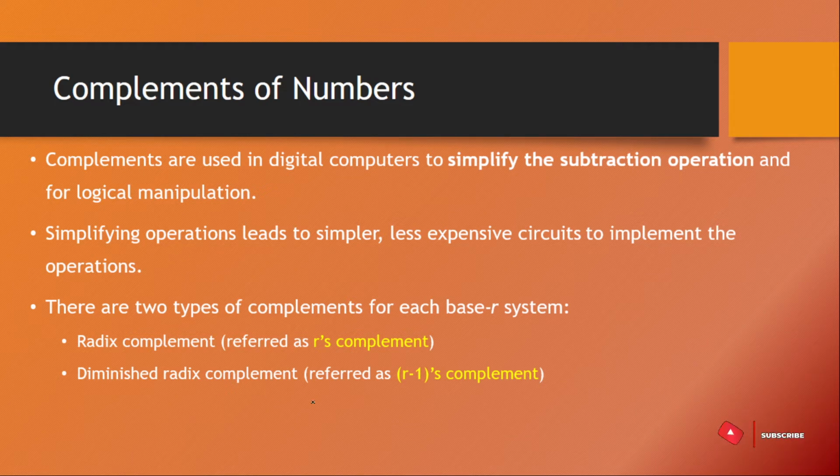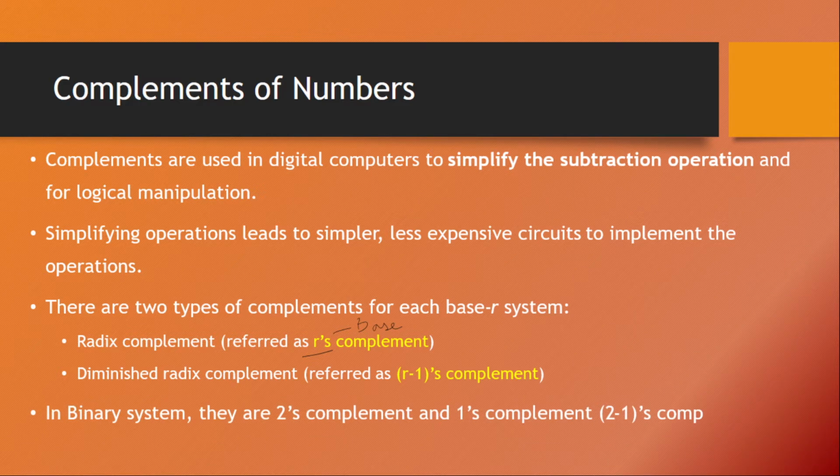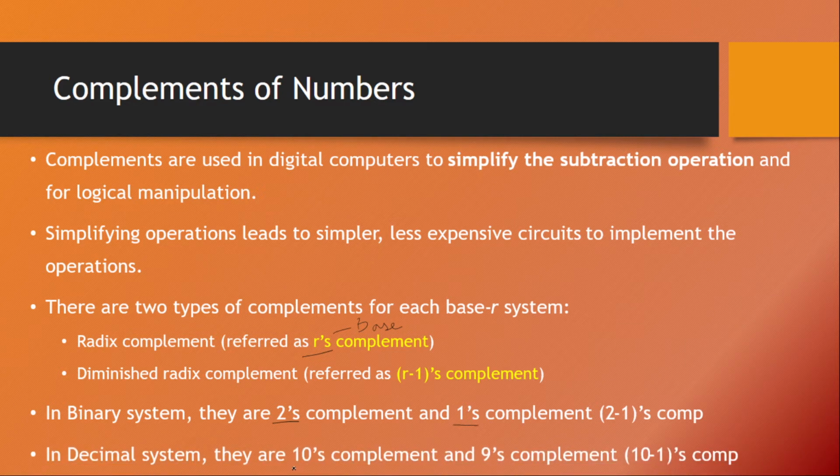Here, the variable R refers to radix, and it is also called the base of any number system. Internally, base and radix are almost the same. In the binary system, we have the R value as 2, so it's 2's complement, and R minus 1 is 2 minus 1, that is 1's complement. Whereas when we go for the decimal number system, it is 10's complement and 9's complement.